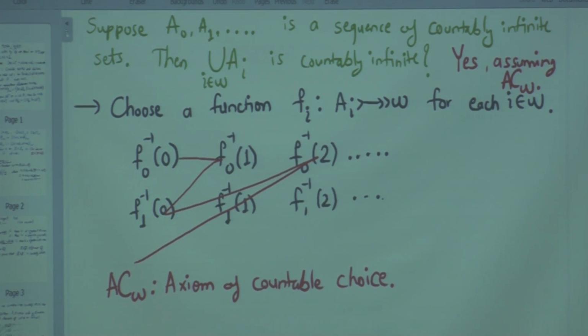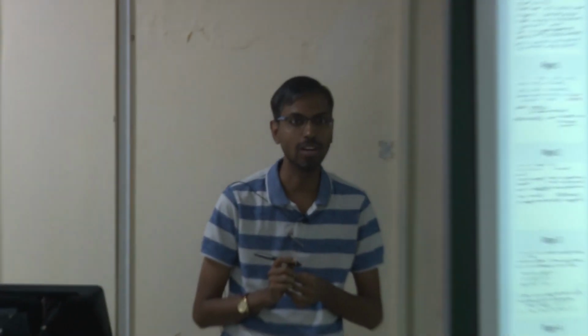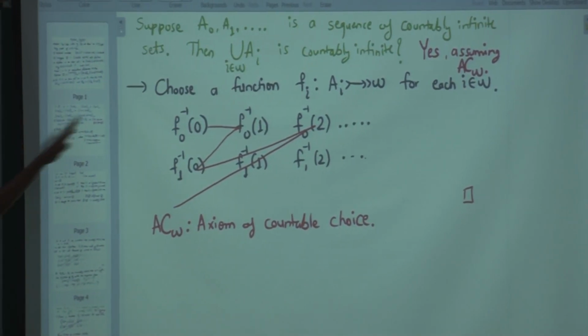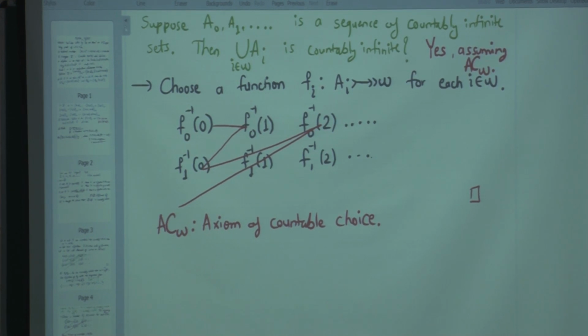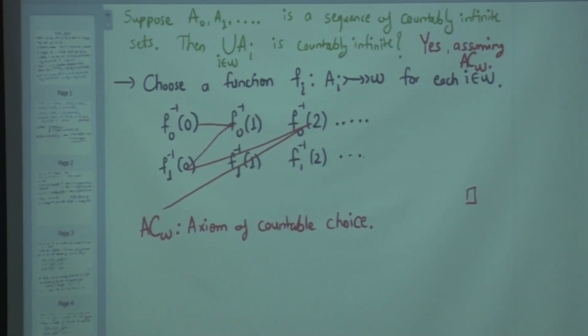You might ask why, but we are going to do an entire lecture on the axiom of choice and its equivalents. So this is for some other time. The result is true only if you assume the axiom of choice or a weaker version of that. If you do not assume it, then the result is not true.